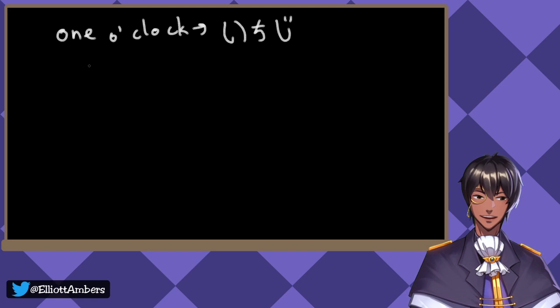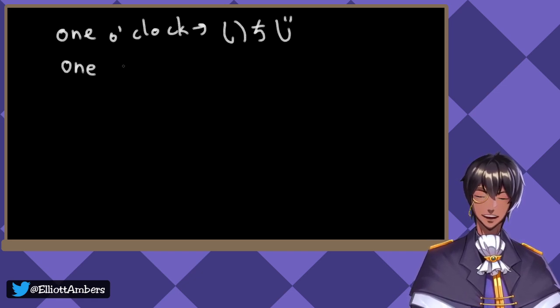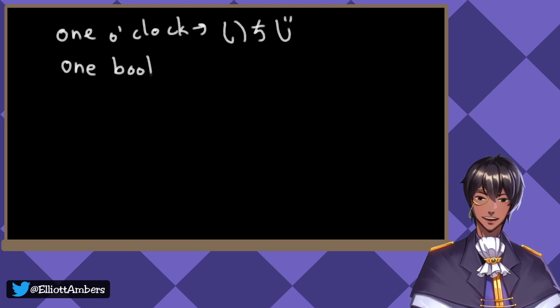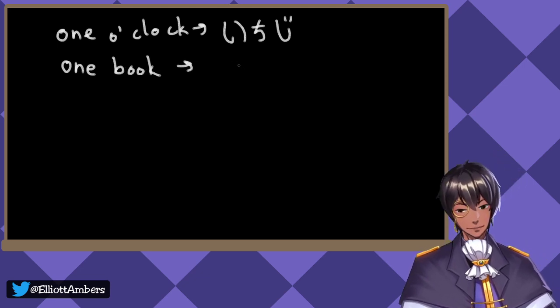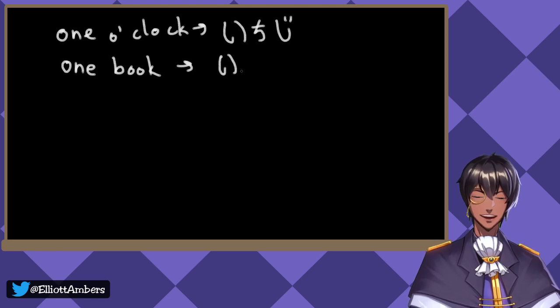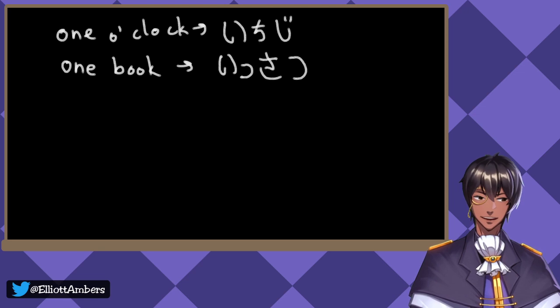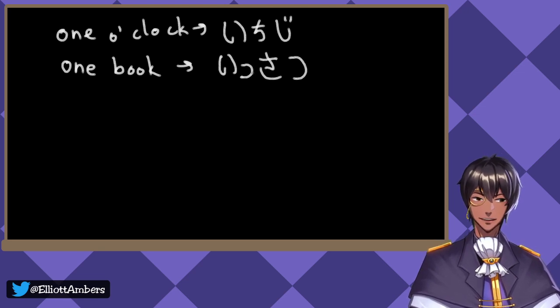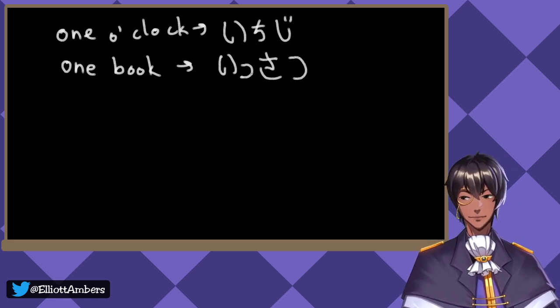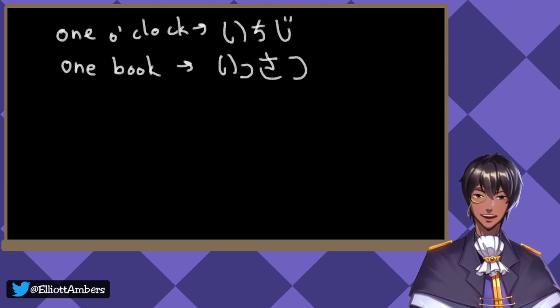But if I say 1 book, that ends up turning into something like i. Instead of ichi, it's i, and then the extended consonant satsu, issatsu, where the chi gets turned into a lengthened consonant.